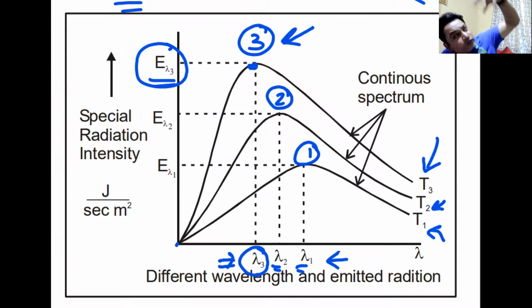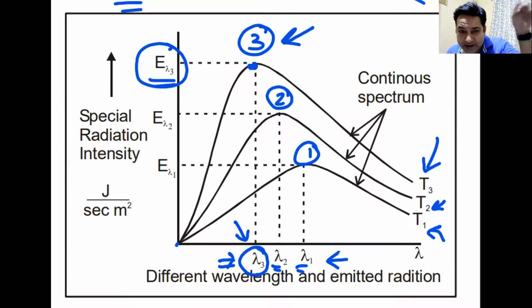Now, as you can see, when the temperature increases, the curve becomes higher and higher. But when the curves become higher and higher, the wavelength decreases. Can you see the decrease in wavelength here? For lambda 1, which is the lowest temperature, the wavelength is more. For lambda 3, where the temperature is highest, T3, lambda 3 is very less.